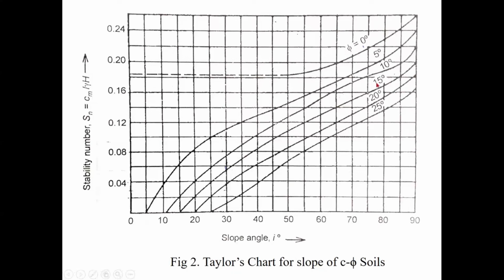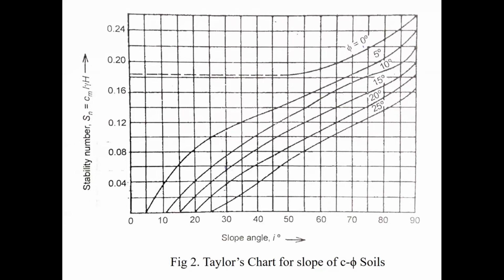Now for that phi m, somewhere here, you find out your Sn. How much will be that? 0.07. Now for that Sn, you back calculate your Cm, and see if your slope is safe with respect to cohesion for that mobilized friction. 0.02.